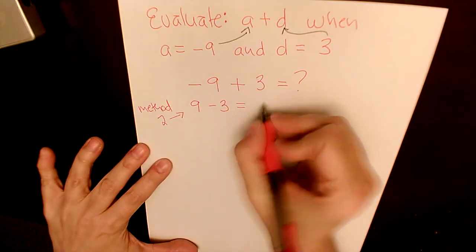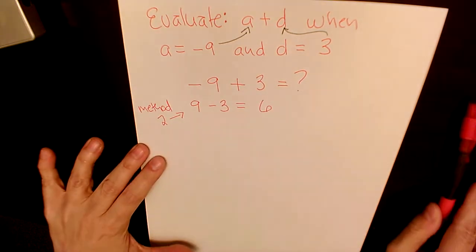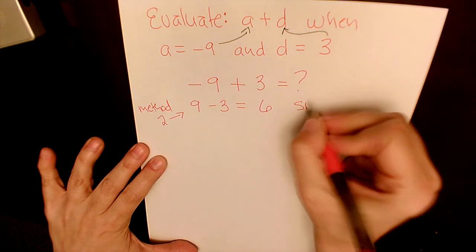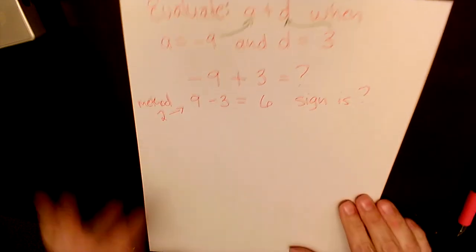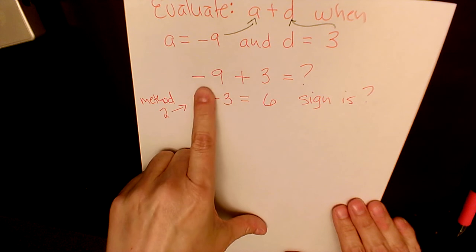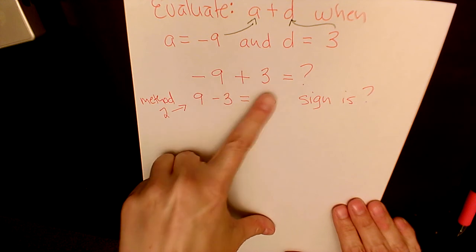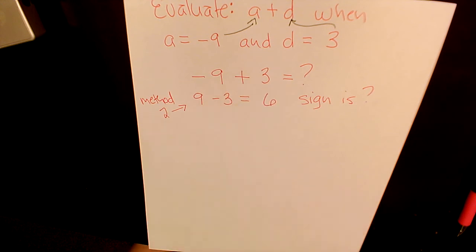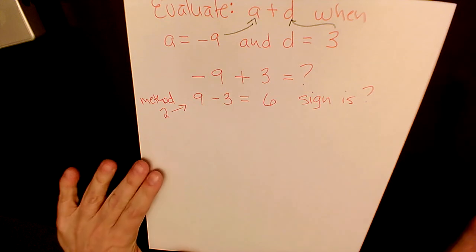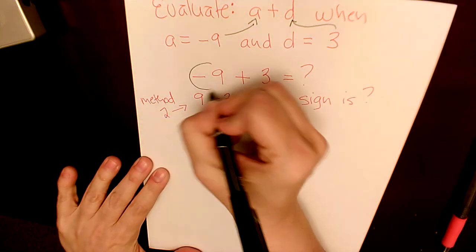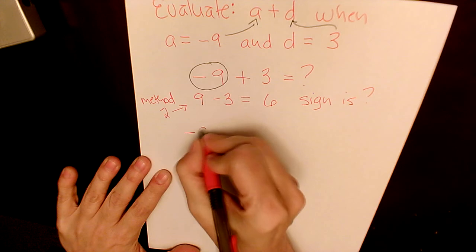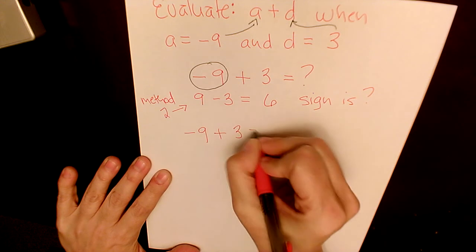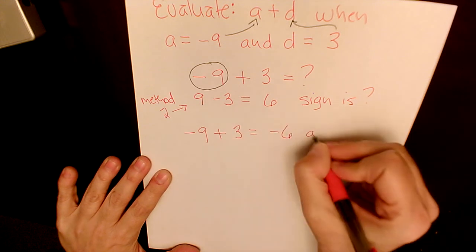So 9 minus 3 is 6. And remember, what sign is going to go with this? I have a negative 9 and a positive 3. So who's got more, the negatives or the positives? The negatives have more. There's more negatives with the 9. So my answer is negative 6.